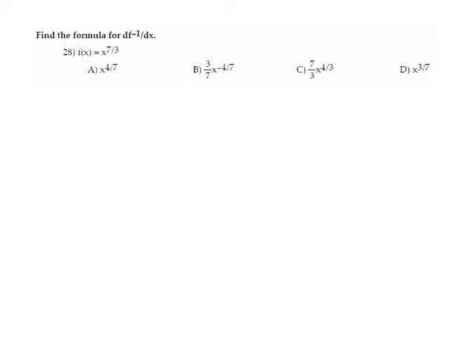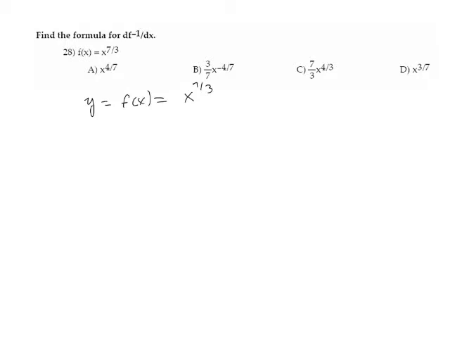We want to find a formula for the derivative of the inverse of f. Now, first of all, there are all kinds of ways to do this. In this particular case, I would write y equal f of x equal x to the 7/3 power. So let's find the inverse function.